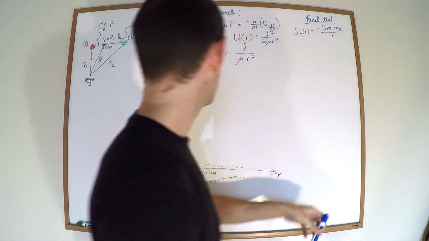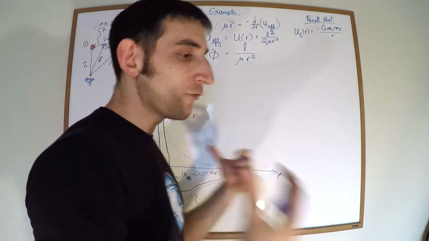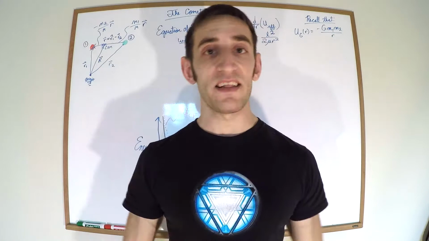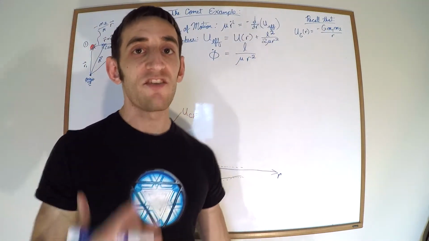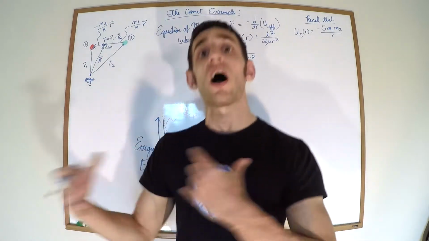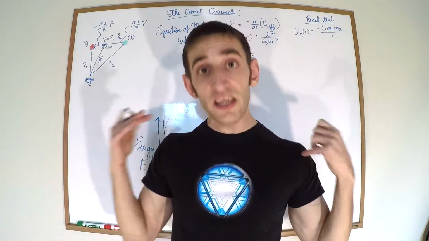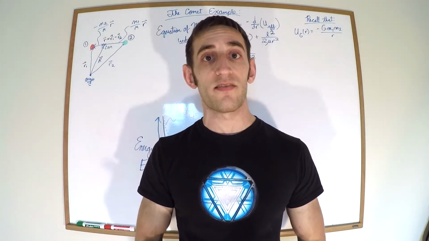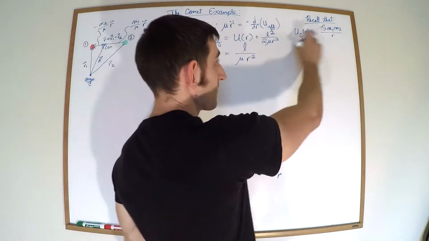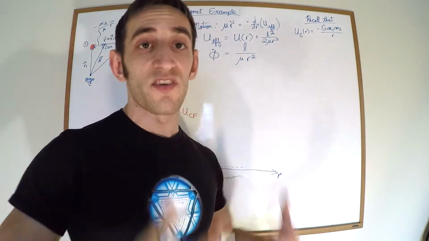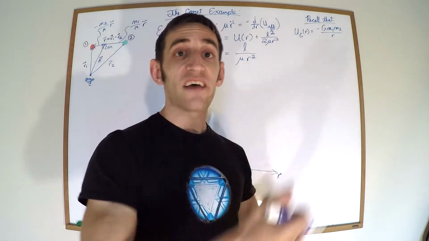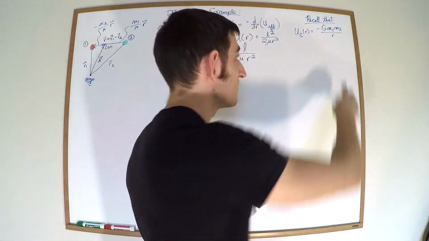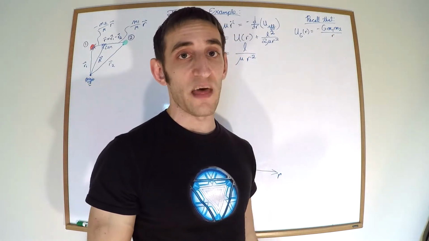Before we proceed, I want to note that if we have a comet that's coming in, this U sub r, the potential energy, is just the potential energy we derived in one of the first videos associated with this series, which is negative times the gravitational constant G times mass of body 1 times mass of body 2 over the distance between them r.